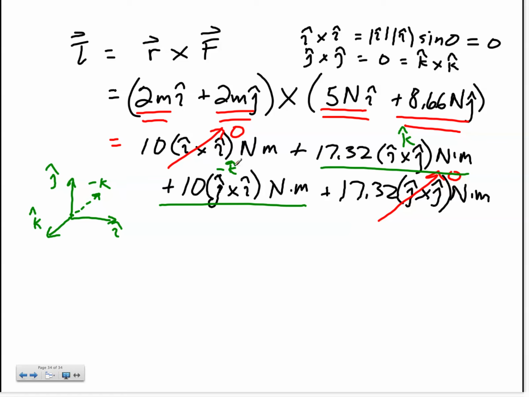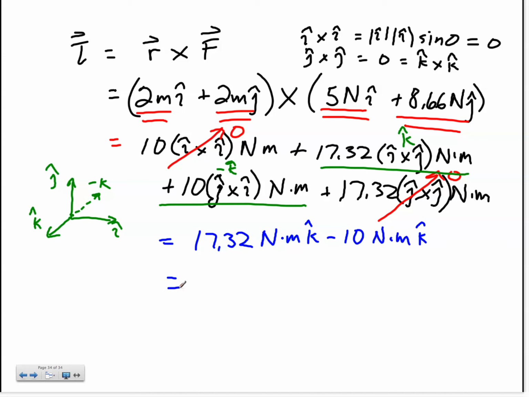It's in there in pieces, but it's in there. Right. So we're getting 17.32 newton meter K hat minus 10 newton meter K hat. Right?